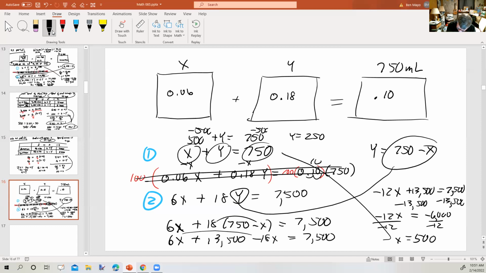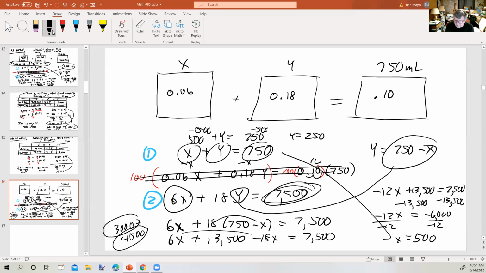Oh, down here, excuse me. 6 times 500 would be 3,000, plus 18 times 250, that would be 4,500, and those add up to 7,500. I just did that last part in my head, so plugging it in here: 6 times 500 is 3,000, 18 times 250 is 4,500, and those add up to 7,500. It's trying to get it all on the same page.